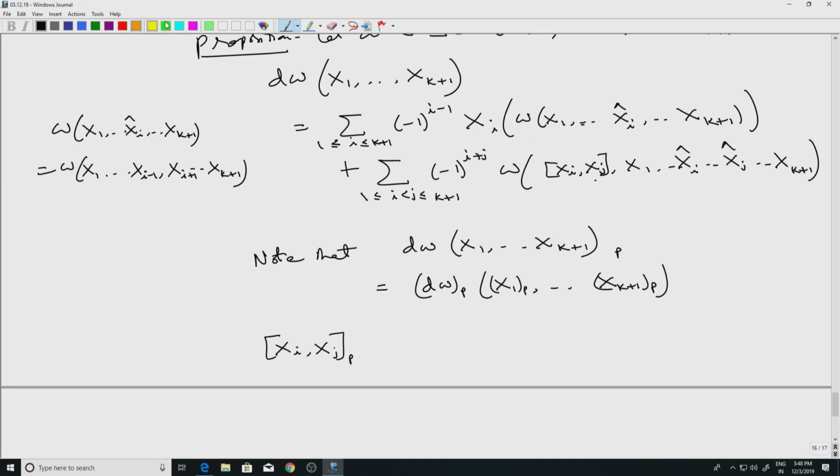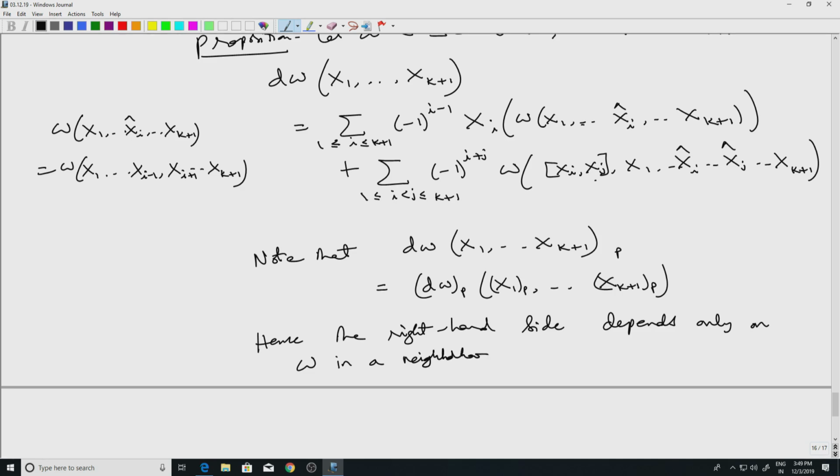So the upshot is that the left hand side depends only on the values of x1, x2, up to xk plus 1 at P, but the right hand side seems to depend on the values of xi in a neighborhood of P. But what this formula shows is that in fact the right hand side depends only on omega in a neighborhood of P and x1 at P, up to xk plus 1 at P.